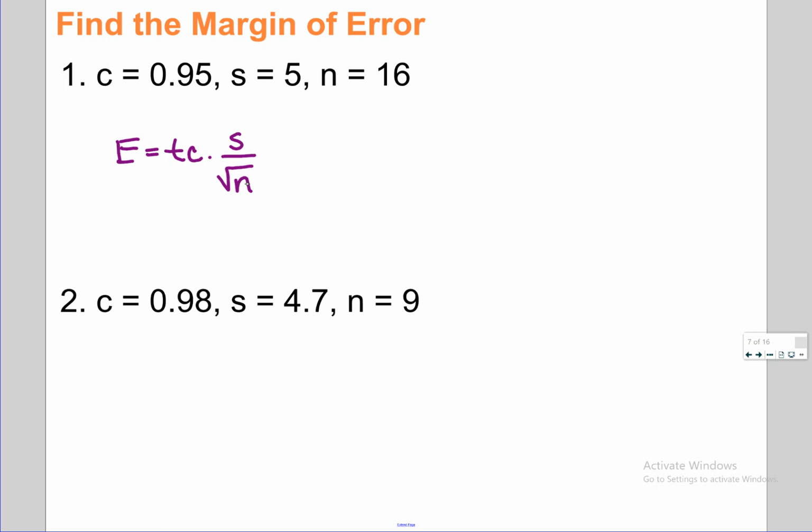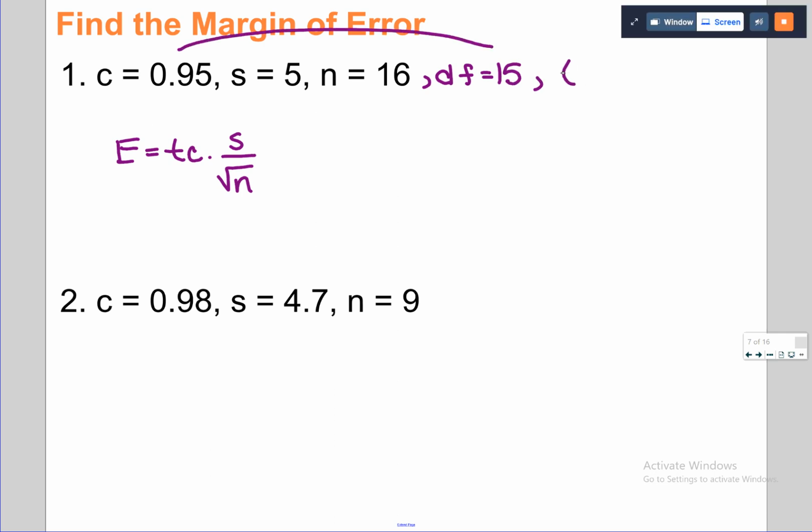My n is 16, so what's my degrees of freedom here? 15. Okay, so then those two pieces of information I can find on my chart to get my critical value of T. So you're going to find degrees of freedom 15, go over to 95%, and that is 2.131.